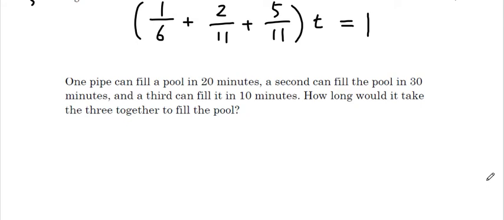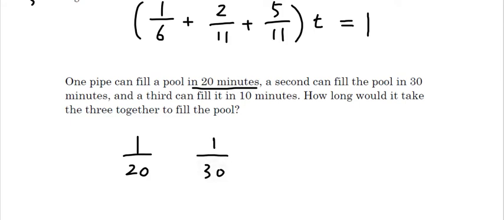Okay, for this problem, one pipe can fill a pool in 20 minutes. So in 1 minute it can fill 1/20. The second pipe can fill the pool in 30 minutes, so in one minute it can fill this, right?